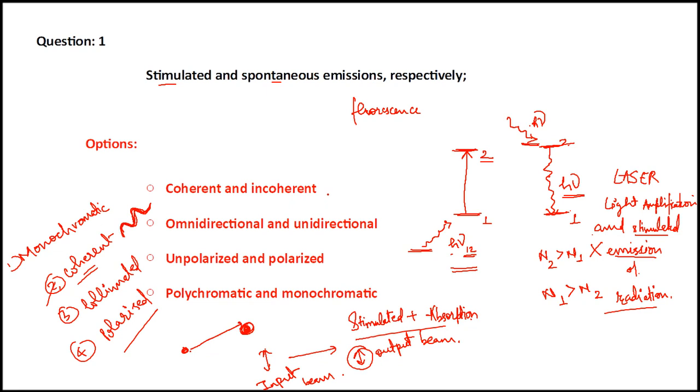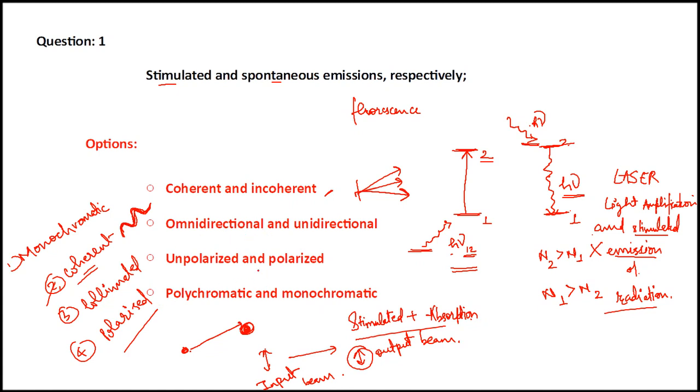So maybe in this question this answer can be correct, but for knowledge purposes we need to discuss these three options as well. If we are talking about omnidirectional and unidirectional, what does the term omnidirectional mean? Omnidirectional means suppose the light beam propagates in this direction, it can spread as well. This is similar to what we talked about as collimated.